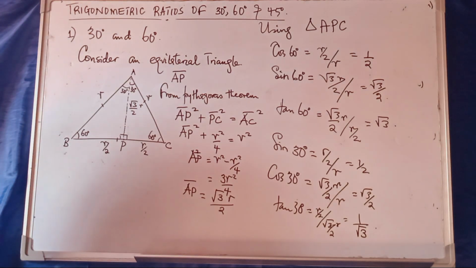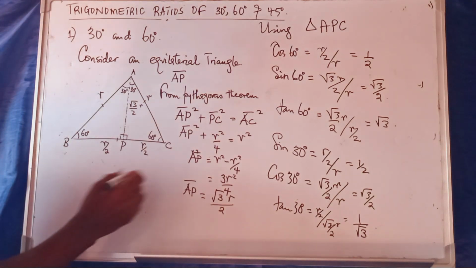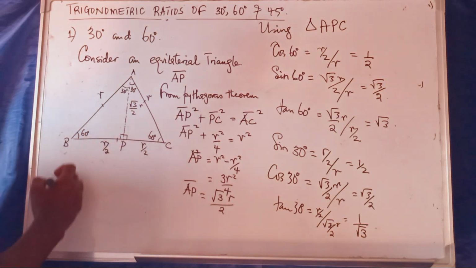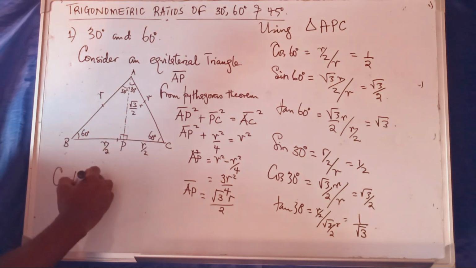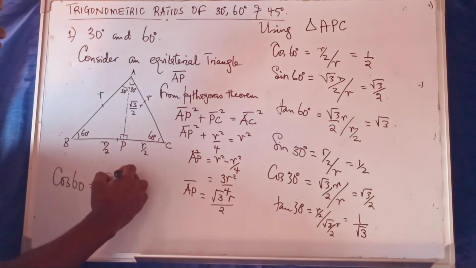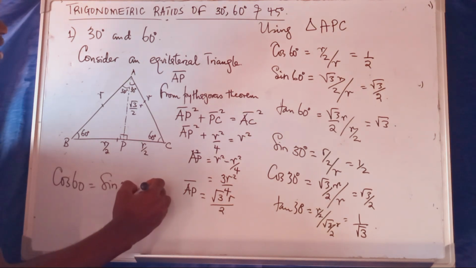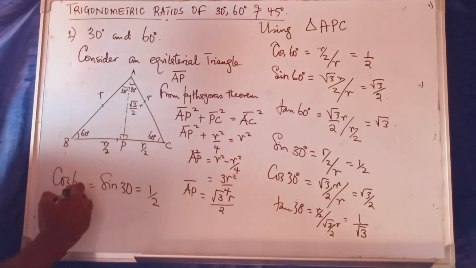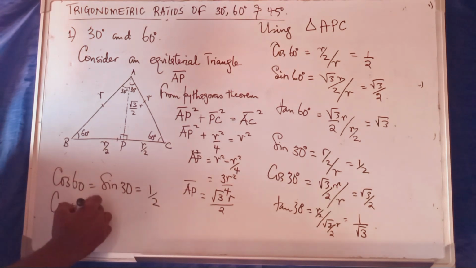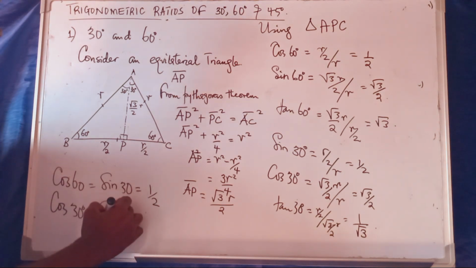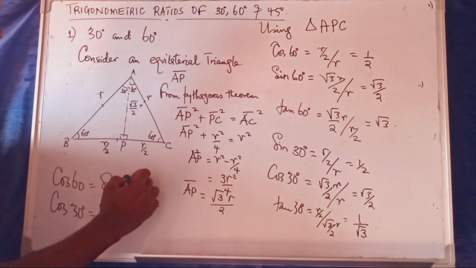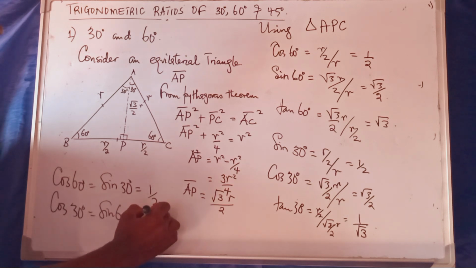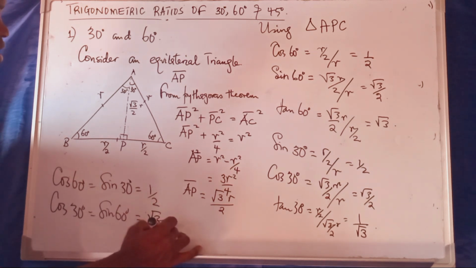So you see that there is a relationship between the six of them. You realize that cos 60 is always equal to sine 30, and is always equal to a half. The same applies for cos 30, which is always equal to sine 60, and is always equal to root 3 over 2.